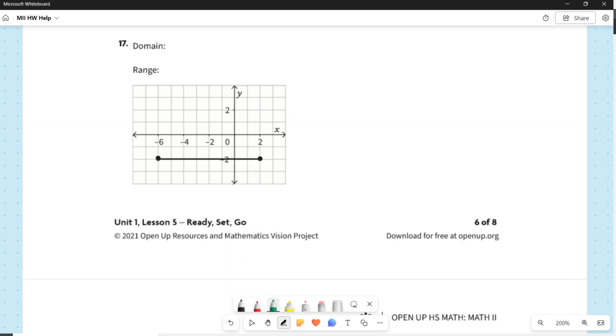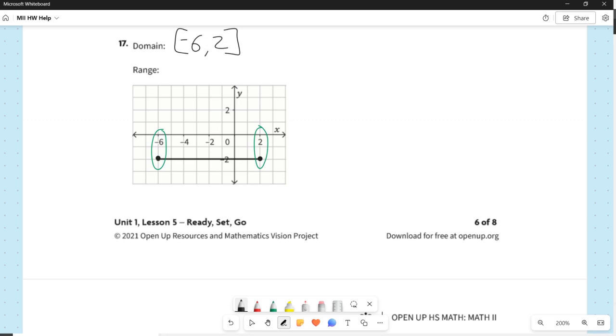So like I said, our lower bound for the domain is -6. Our upper bound for the domain is 2. And it includes the -6, so we're going to have a square bracket, and it includes the 2, so we're going to have a square bracket. So our domain is open bracket -6, 2, close bracket.